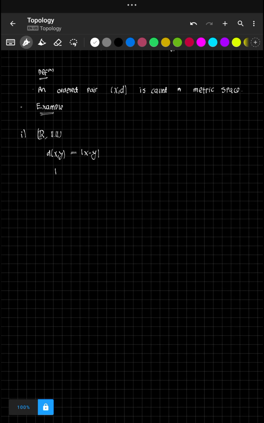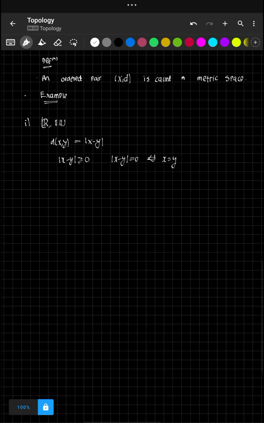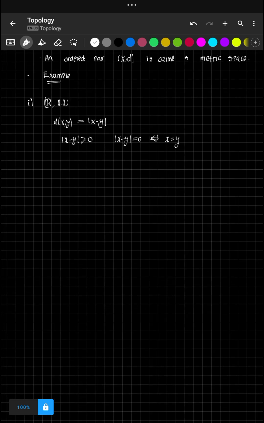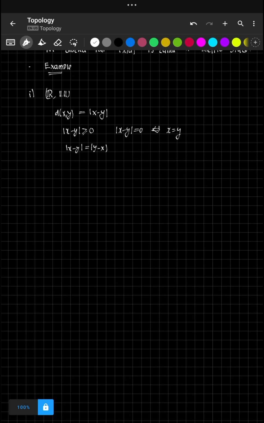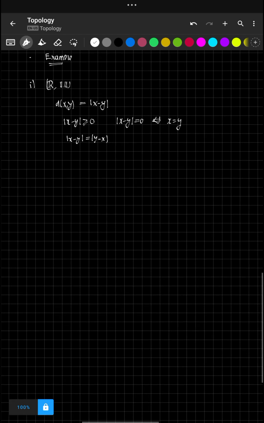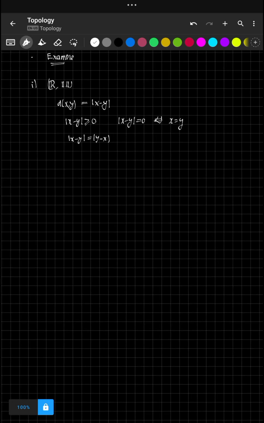Note that modulus of x minus y is always greater than or equal to 0, and mod of x minus y equals 0 if and only if x is equal to y. And mod of x minus y is equal to mod of y minus x, and we know that the triangle inequality holds here. So R with the usual norm is a metric space.